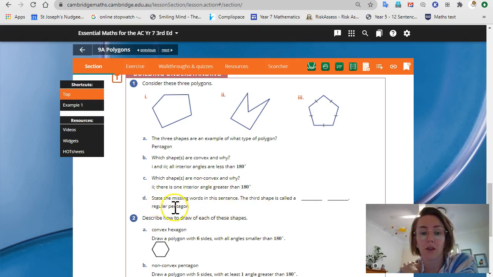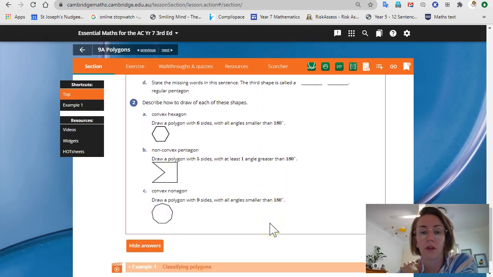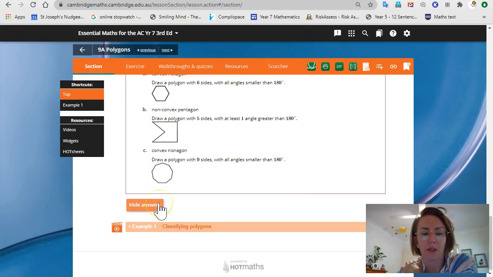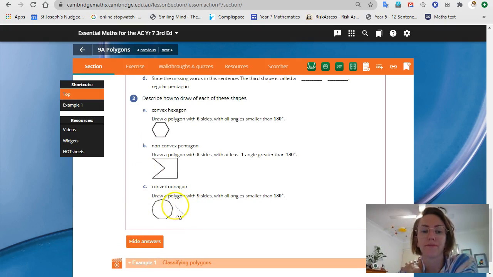D, state the missing words, regular pentagon, cool. And here we've got all of our answers, talking about whether the angles are smaller or greater than 180 degrees. They've also drawn a picture. You didn't need to do that, but they did ask you to describe.